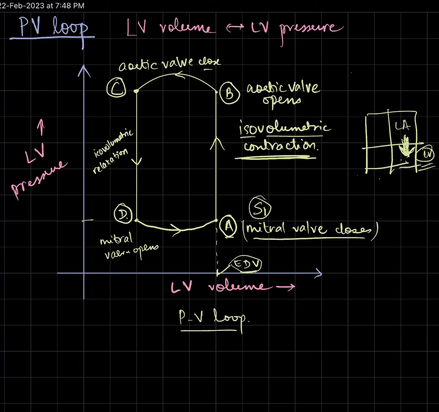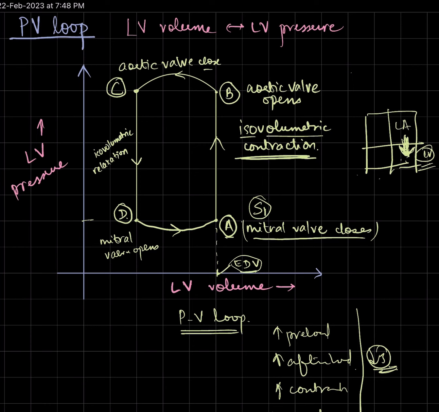Now there are some deviations here and there, like what will happen if the preload increases, what will happen if the afterload increases, and what will happen if the contractility increases or compliance increases or decreases for that matter. All these things will be dealt with in another video. So that's it for this video. Thank you.